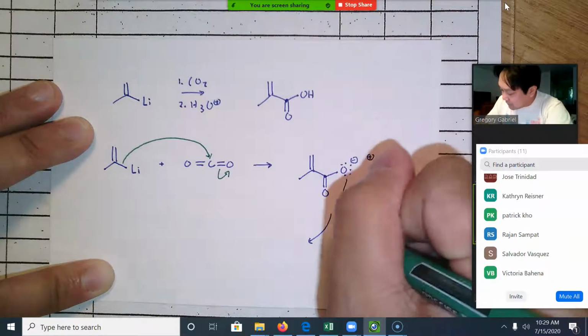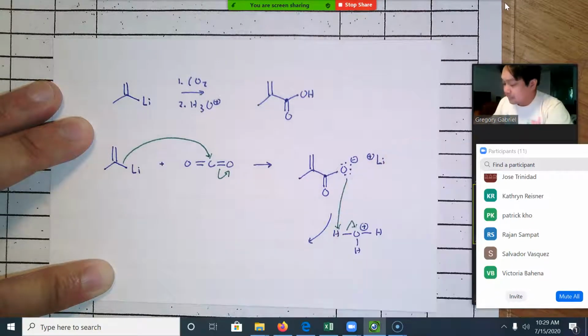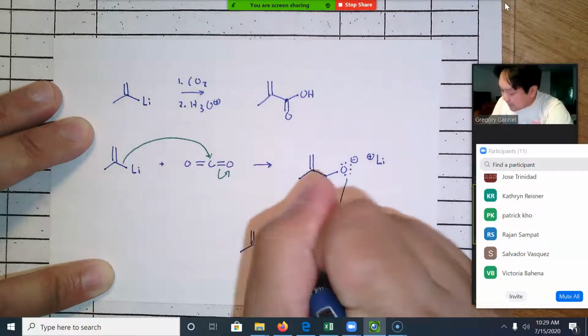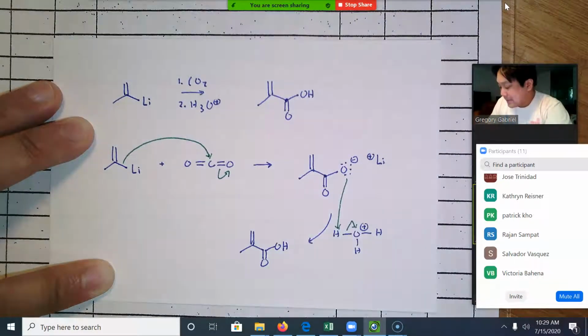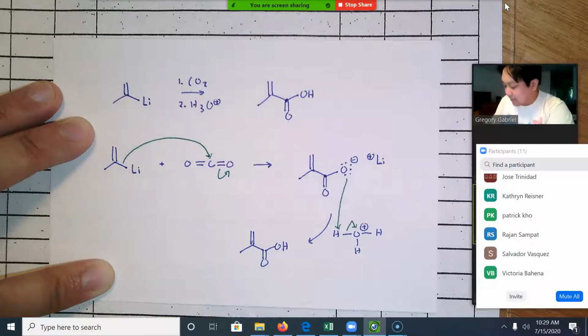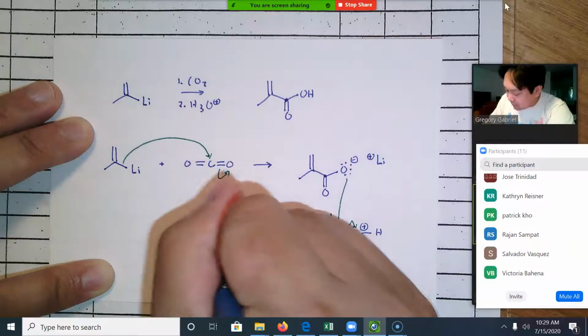And we have this. We have that. Li is not important. It's just a counterion, but we did create water also.